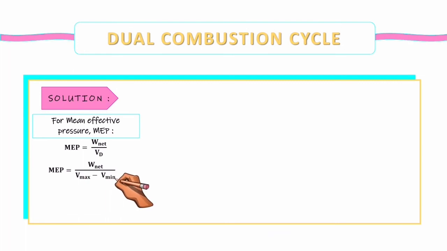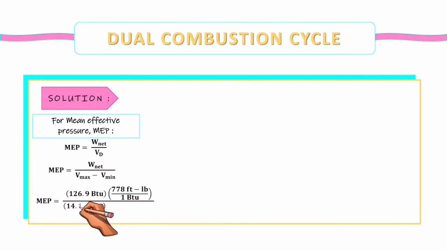Substituting the given values, MEP is equals to 126.9 BTU multiplied by 778 foot-pound per 1 BTU over 14.186 cubic feet minus 1.576 cubic feet. We multiplied 126.9 BTU by 778 foot-pound per 1 BTU to convert BTU to foot-pound for the cancellation of units.